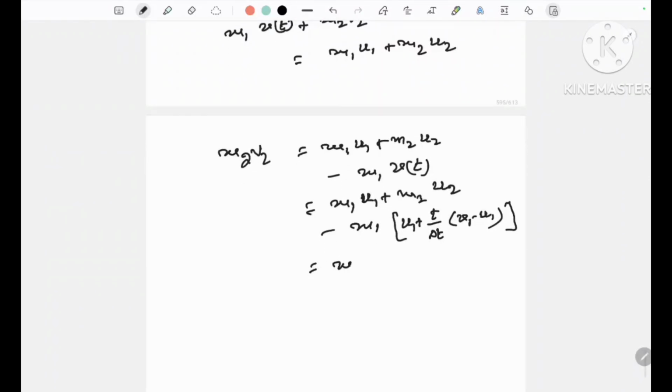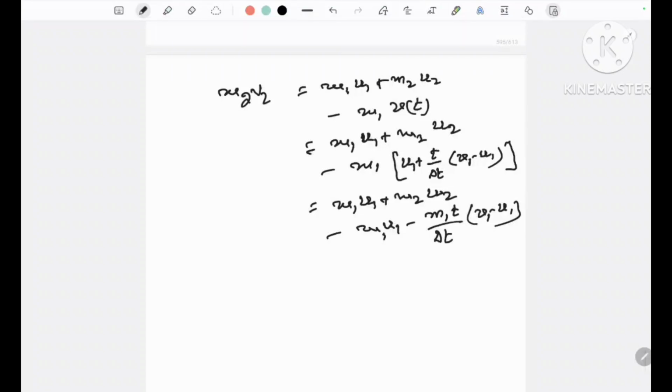Or m1 u1 plus m2 u2 minus m1 u1 minus m1 t by delta t times (v1 minus u1).